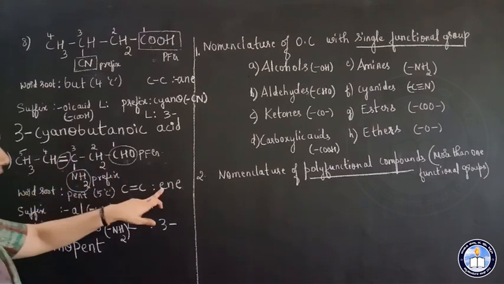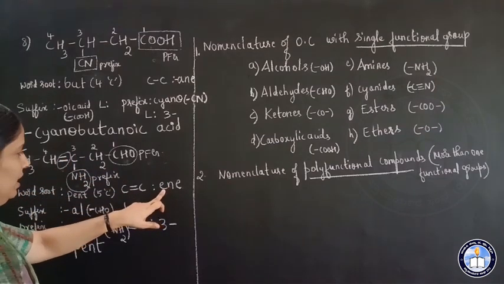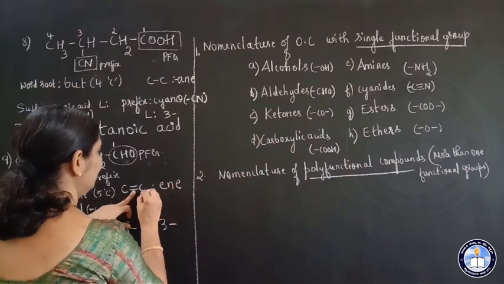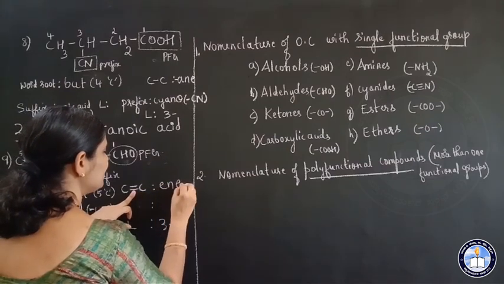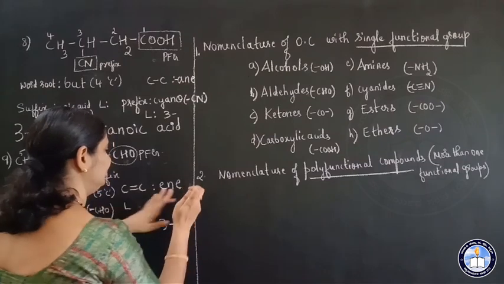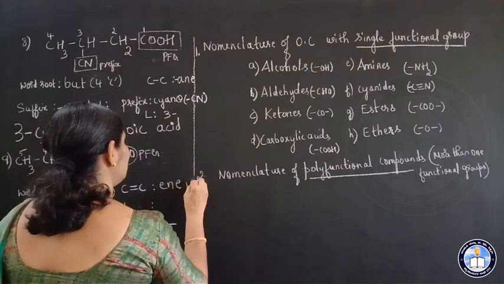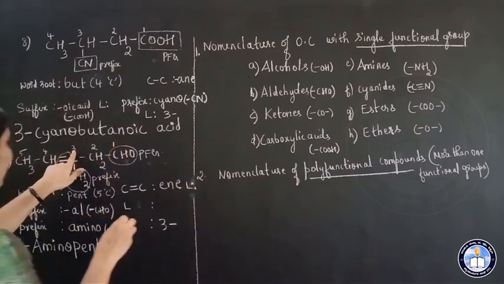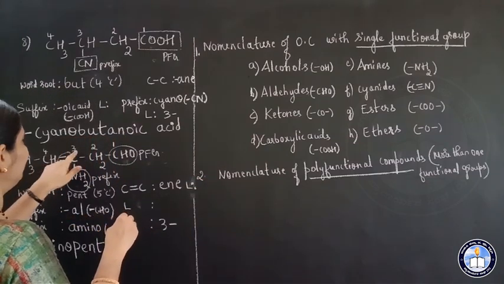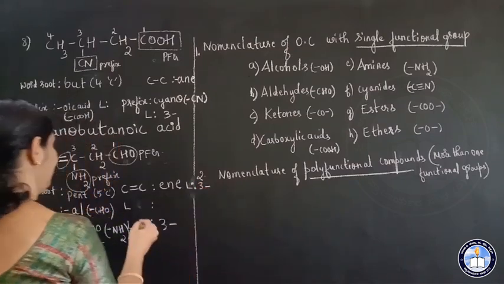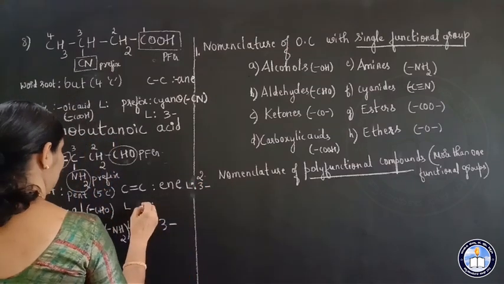So pent, double bond is there. So double bond, you have to write the locant of this double bond. Now locant of this double bond is 3. Between carbon atom 3 and 4 you have double bond. So locant is 3. Right?